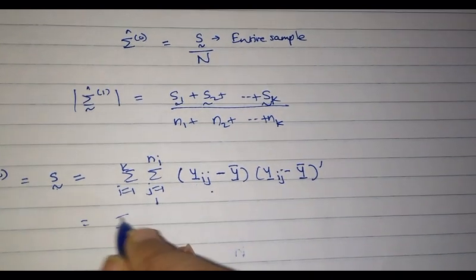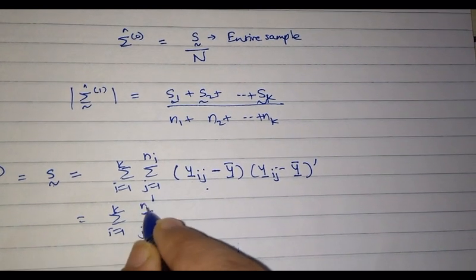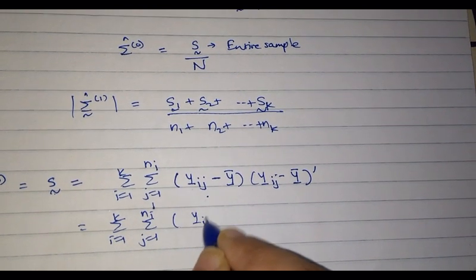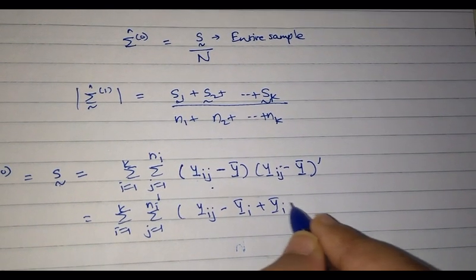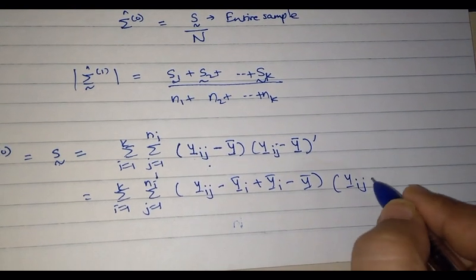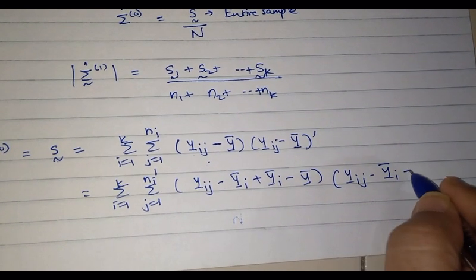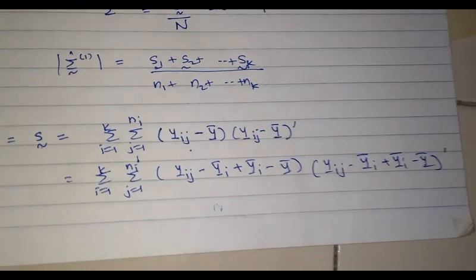Now here I can bring in the group means. So I can write Yij minus Yi bar plus Yi bar minus Y bar, and similarly, (Yij minus Yi bar plus Yi bar minus Y bar) whole prime.